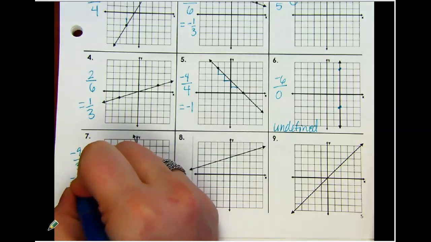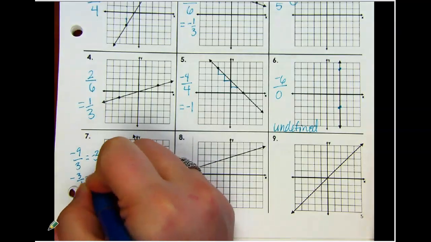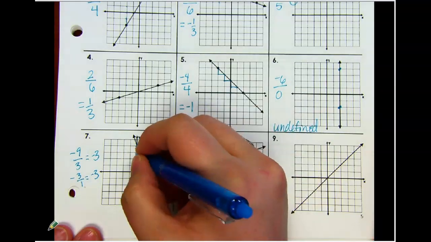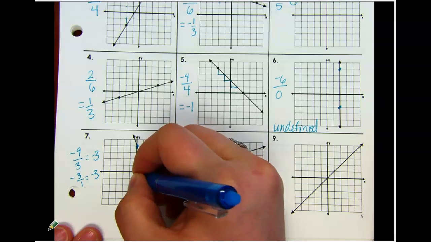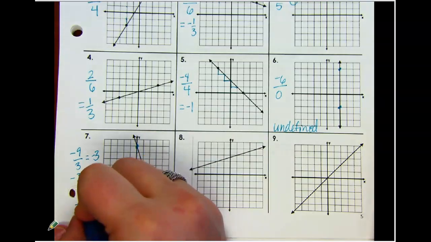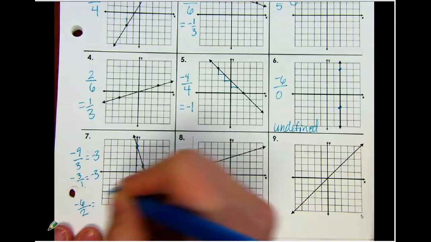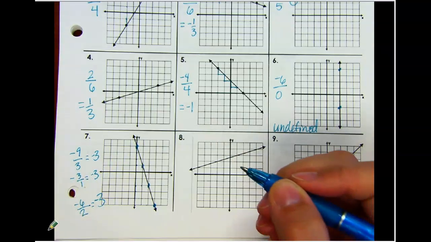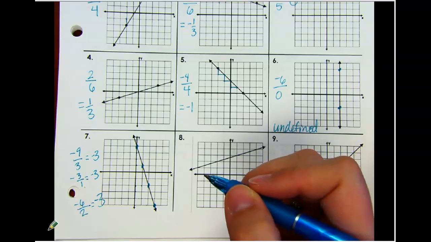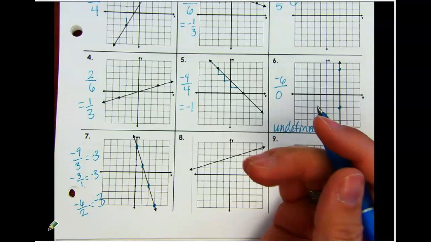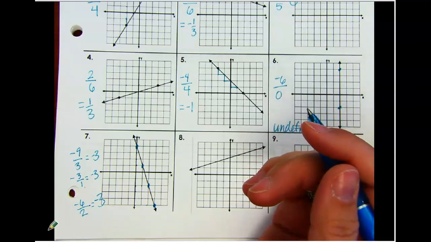So I'm going to get -3/1. -3 divided by 1 is -3. But if I would have used this one, 1, 2, 3, 4, 5, 6, so -6/2, also -6 divided by 2 is also -3. So it doesn't matter which 2 points you choose. As long as you simplify your answer, you're going to get -3, which is what we want.